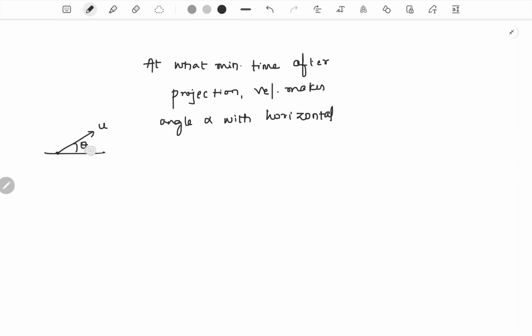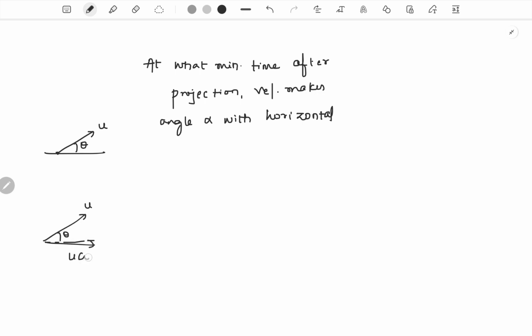To find this, we are going to use the fact that throughout its motion the horizontal component of velocity will not change, it would remain the same. So that we will be using to our advantage. Now I projected it with velocity u, making an angle theta with horizontal.